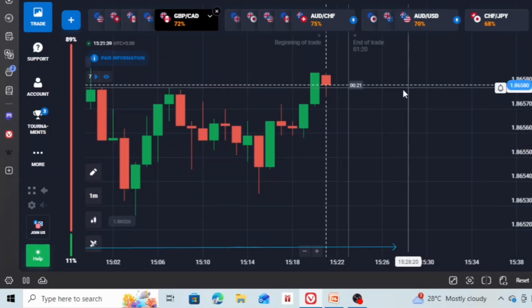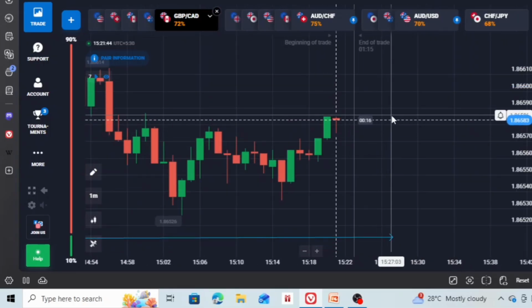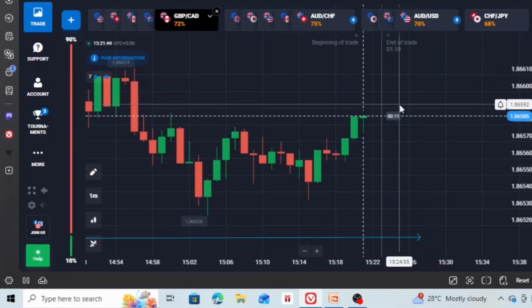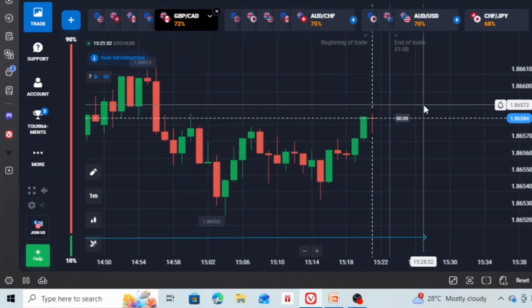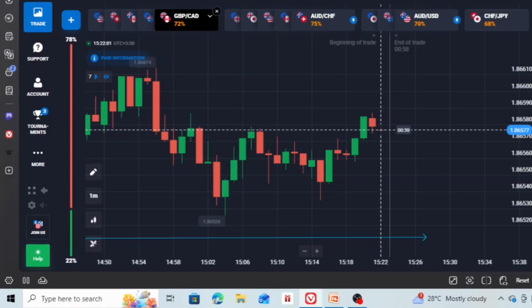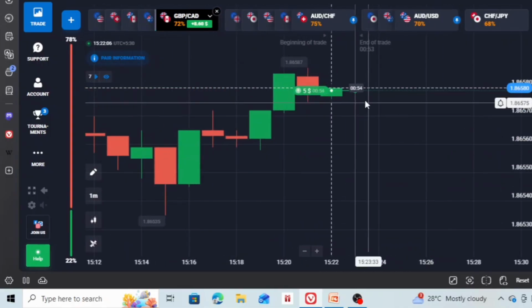If this current running candle turns from red, we will go in the upper direction. So we placed our trade in the upper direction.